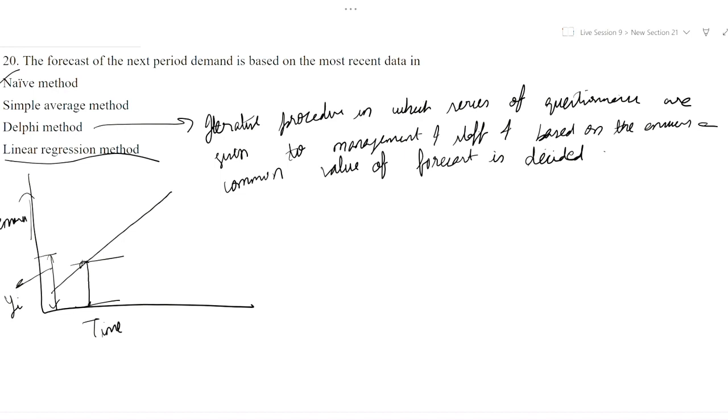Now, what we will do is we will describe summation of yi is equal to, let's consider this as a plus b ti. These are x points.